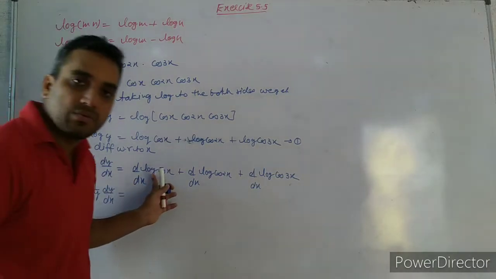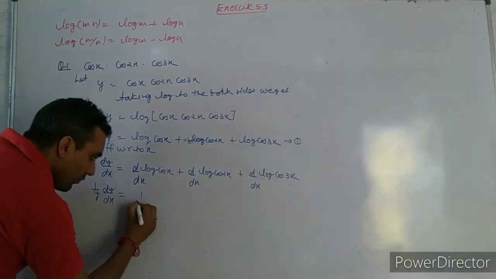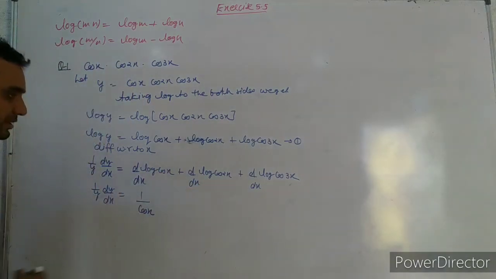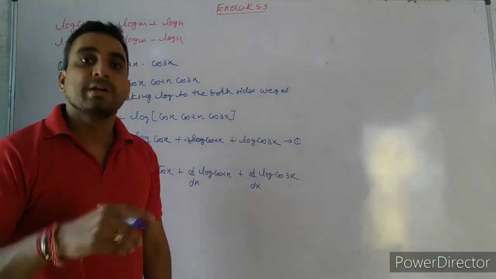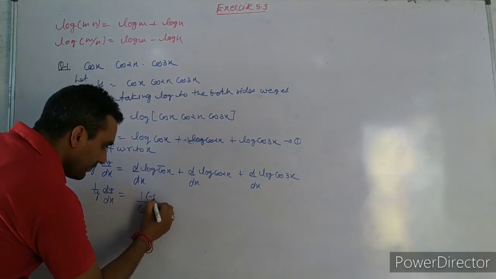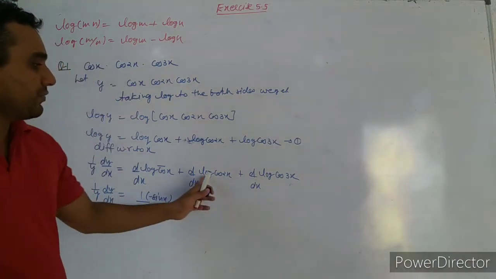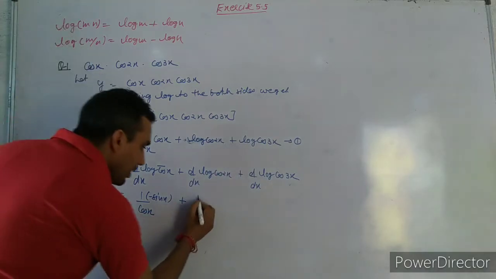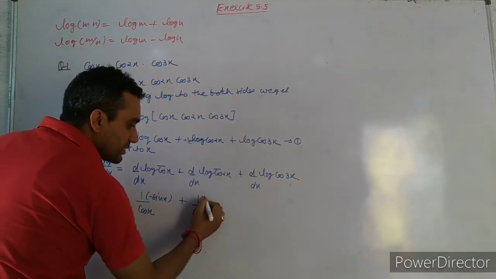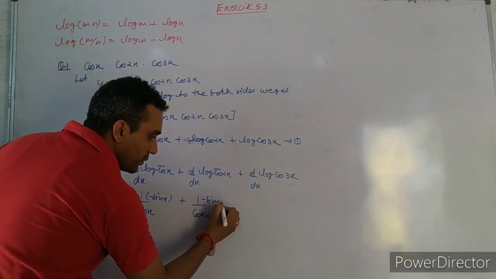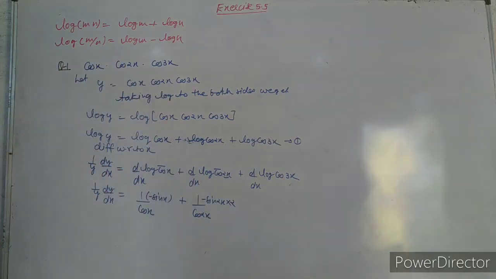The differential of log x is 1 upon x, so the differential of log cos x is 1 upon cos x, then the differential of cos x, which is negative sin x. Plus the differential of log cos 2x gives 1 upon cos 2x, the differentiation of cos 2x gives minus sin 2x, and the differential of 2x gives 2.